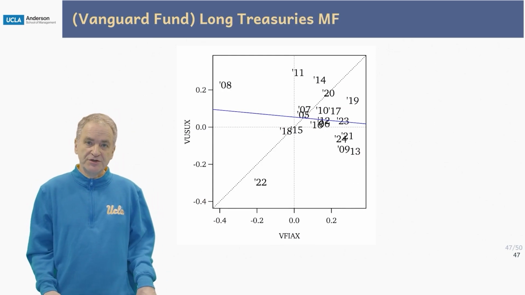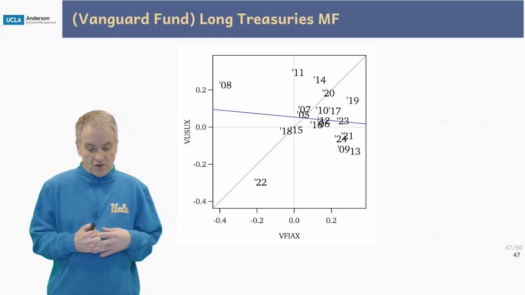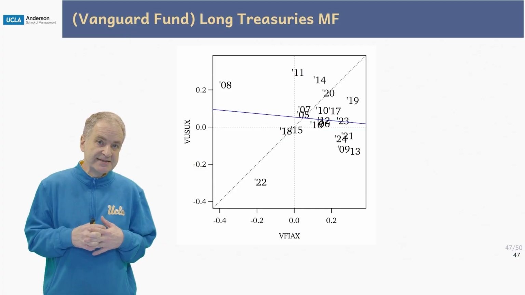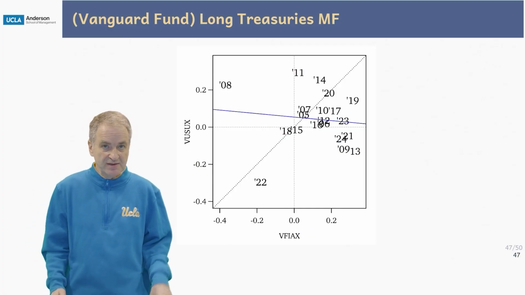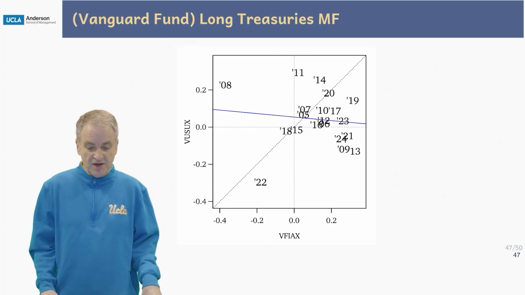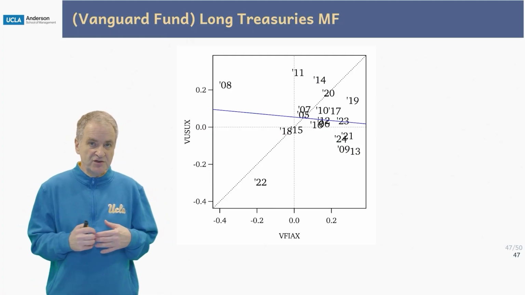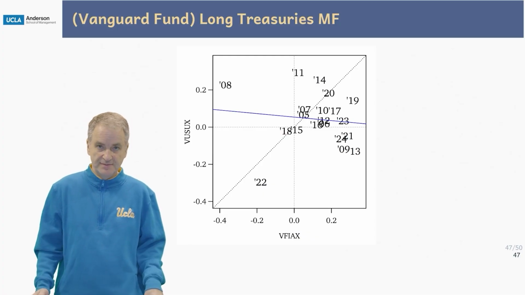What about treasury bonds? We already know that treasury bonds are risky. So what we have here is actually a slight negative association. It was not always like this. Sometimes it's a little bit positive, sometimes it's a little bit negative. But overall, the association of treasuries with the stock market is fairly mild.